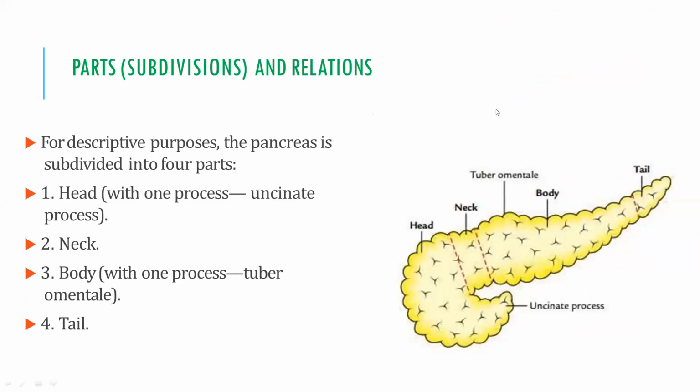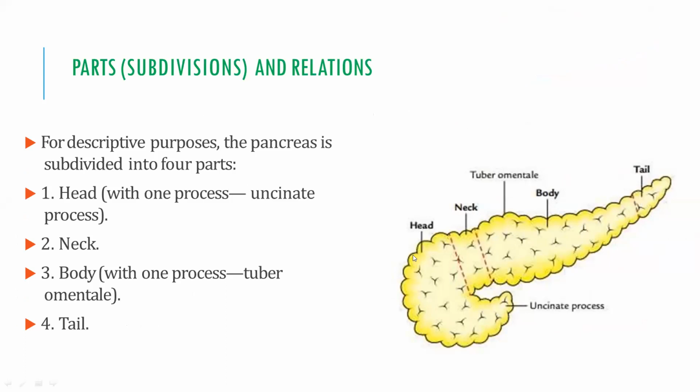Now the parts: the subdivisions as well as relations as we move across. For the purpose of description, pancreas is subdivided into 4 parts: head, neck, body as well as tail.